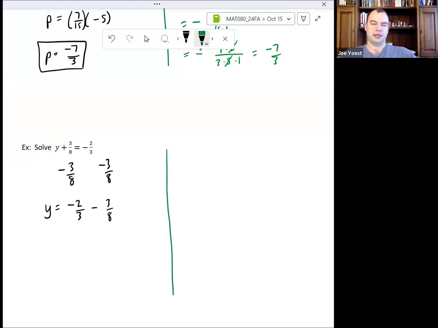Since it's a little bit complicated, I'm going to come off here to the side, do my simplification, and just transfer the answer back over. That way I just don't have to write y equals a whole bunch of times and make my work for my problem that much longer.